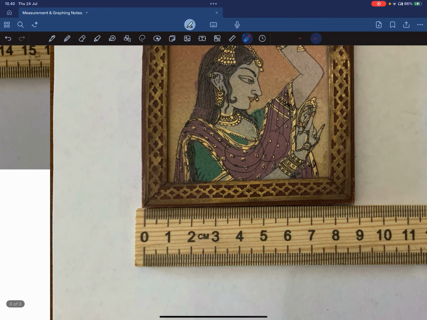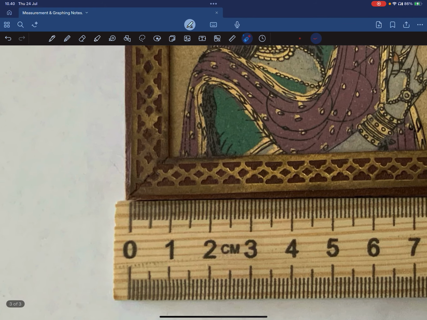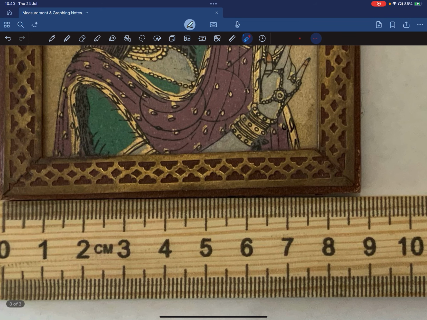Now we look at the end of the placemat. So the end of the placemat is right here. Right? So I'm going to back that up a little bit. Right there. That is our end. So that means that that right there is what I'm measuring to. So I simply ask myself, okay, what is the number just before my measurement?